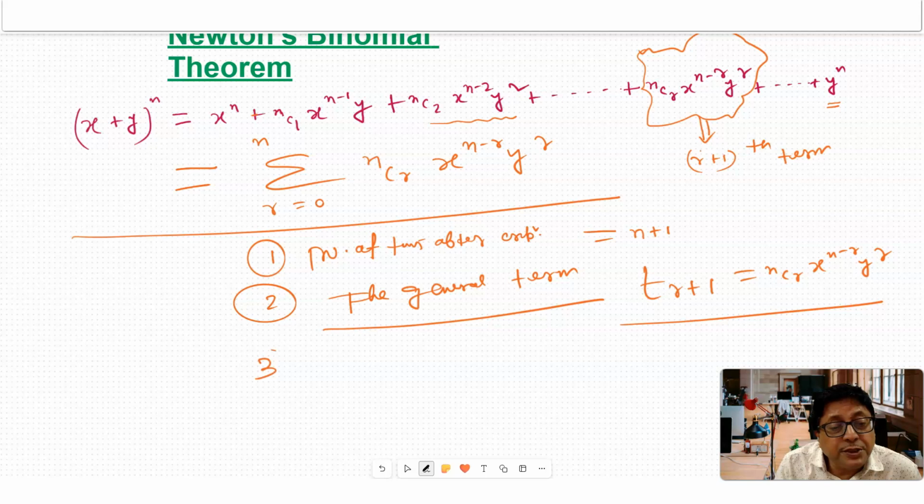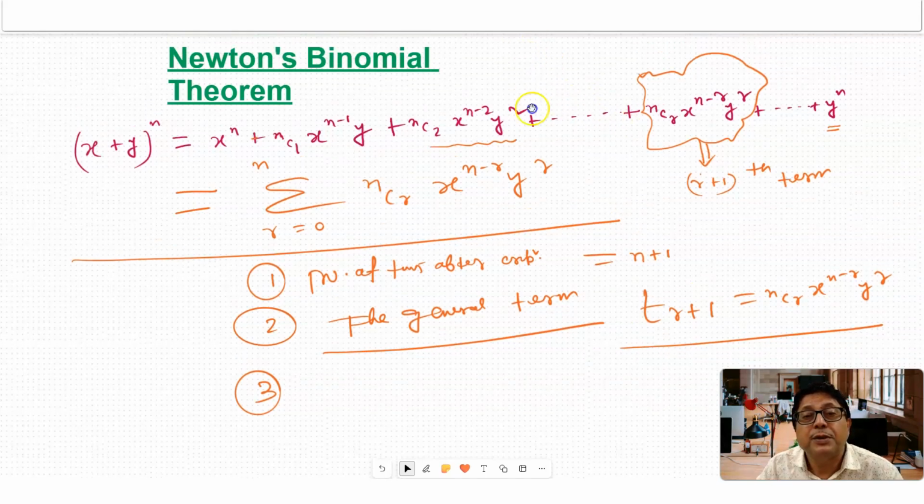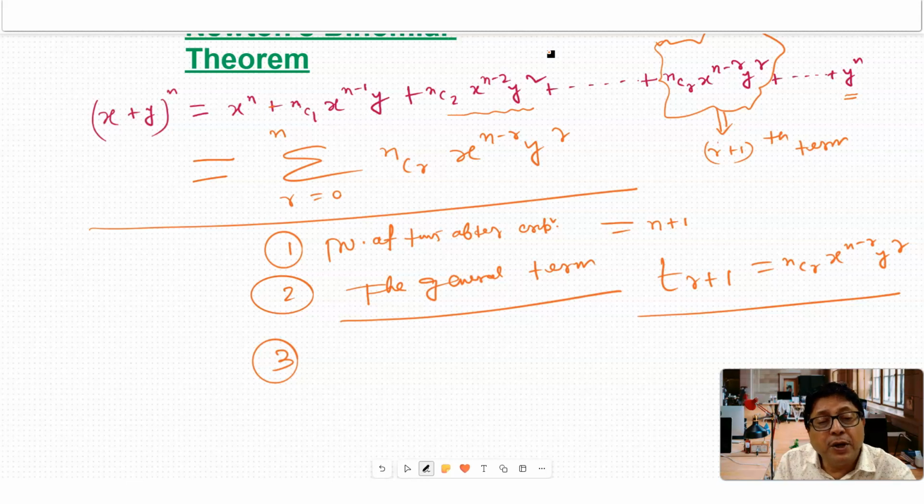Third observation, equidistant terms from the beginning or from the end have the same binomial coefficient. Okay. Why? Because you can remember this property that nCr equals nC(n minus r).